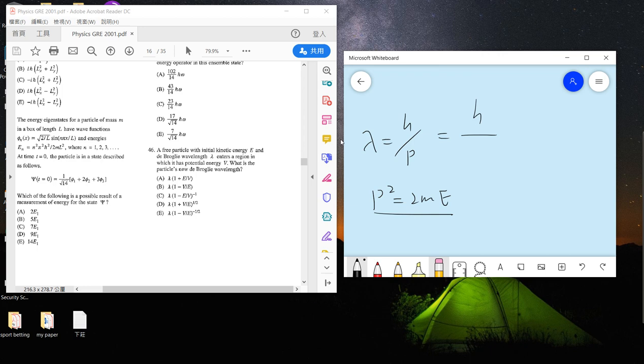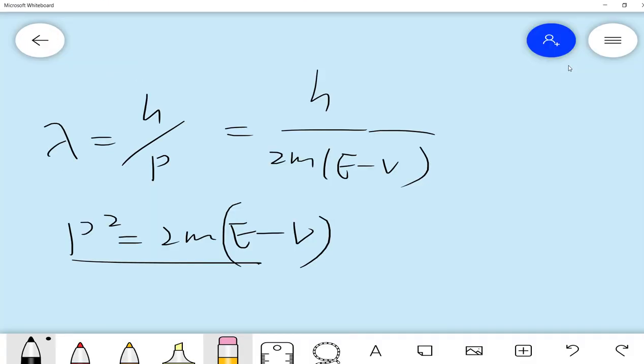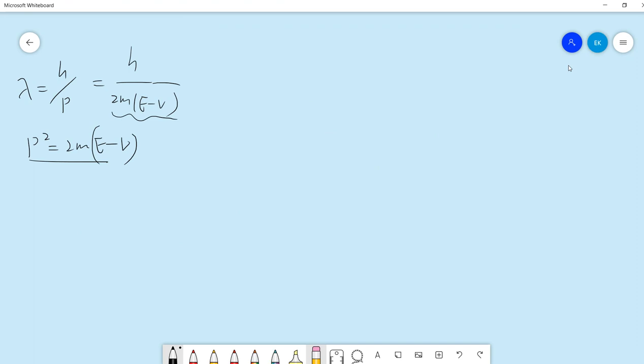But remember there's a potential difference, so your initial kinetic energy E should be changed to E minus V. So you have 2m times E minus V. This is your answer, and take a square root because this is p.